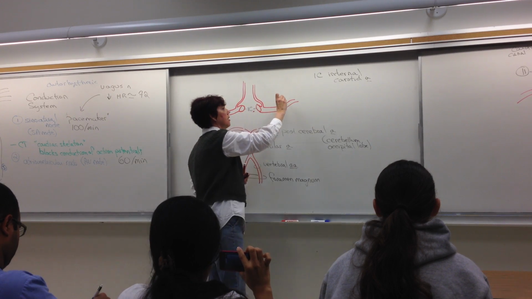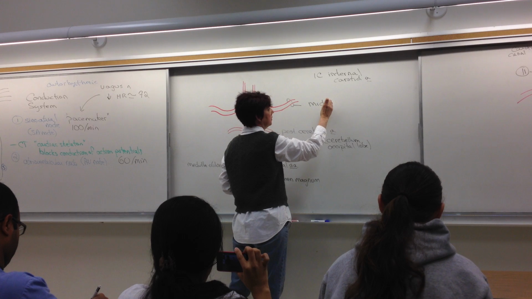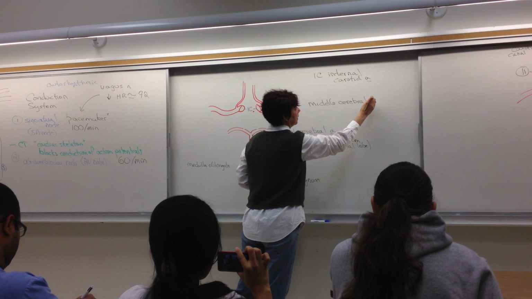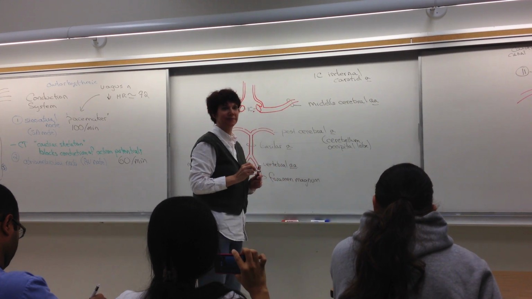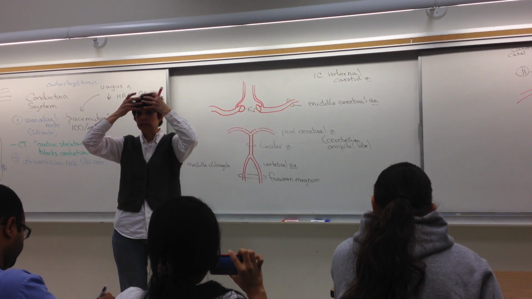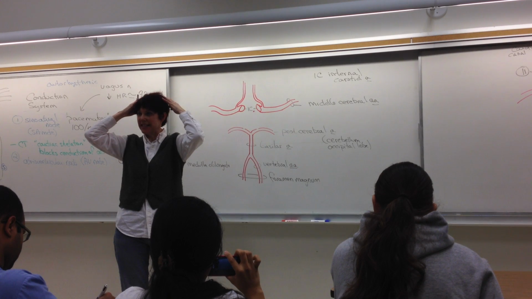Passing through the lateral sulcus, we have the middle cerebral arteries, and they're going to supply most of the brain. So frontal lobe, temporal lobe, parietal lobe, all of the lateral surfaces of the brain.